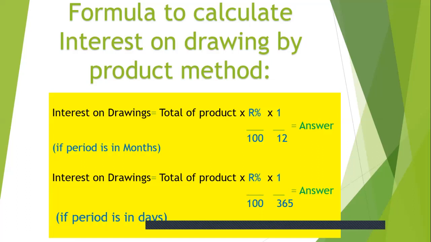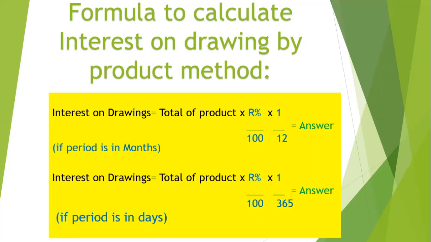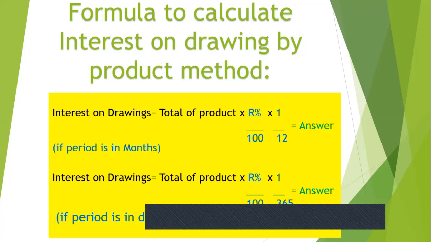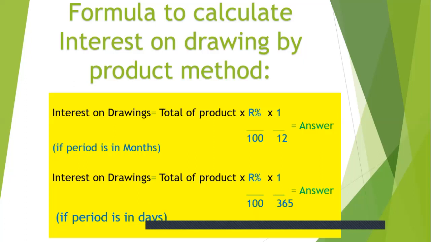Suppose that the partner has withdrawn on 24th of August, so from 24th of August to 31st March we calculate how many days are coming. Then the days are multiplied by the amount to calculate the product. So total of product into rate of interest is common in both cases. Only 1 by 12 will be used in case of months, and 1 by 365 in case of days, and then you will get the answer.